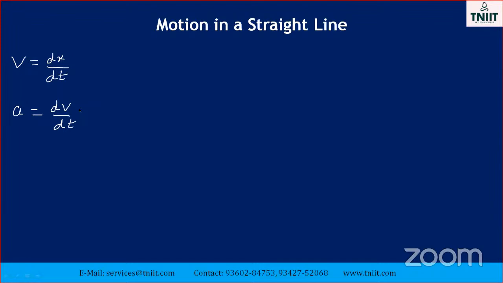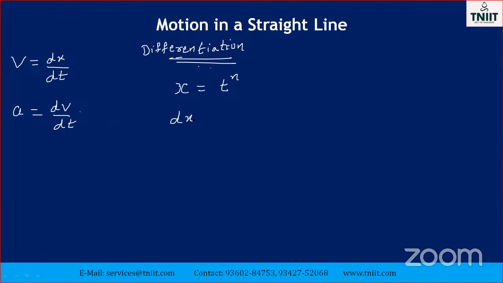What is that? Actually, in the differentiation part, please remember, if I give the function x is equal to t power n, what is the differentiation of t power n?